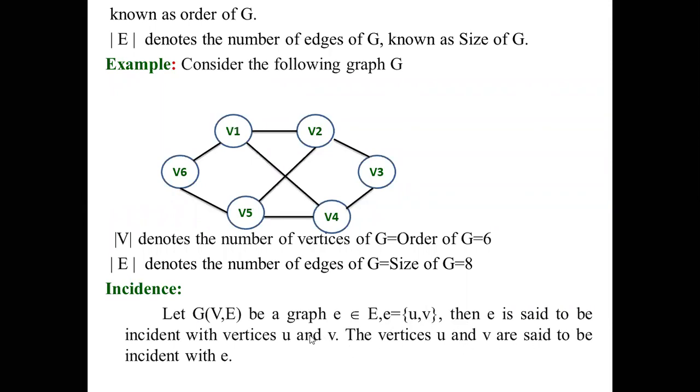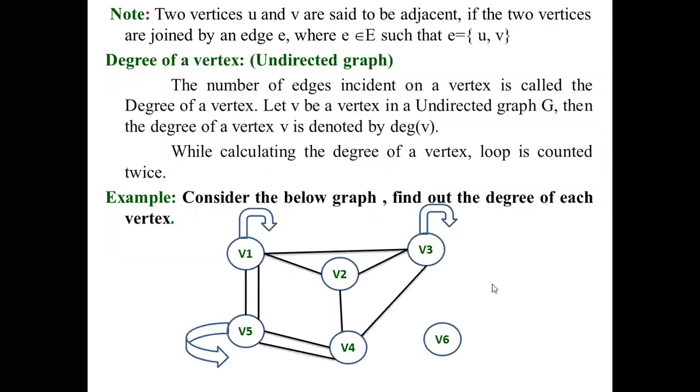The vertices u and v are said to be incident with e. Two vertices u and v are said to be adjacent if the two vertices are joined by an edge, where e belongs to E such that e is equal to (u, v).